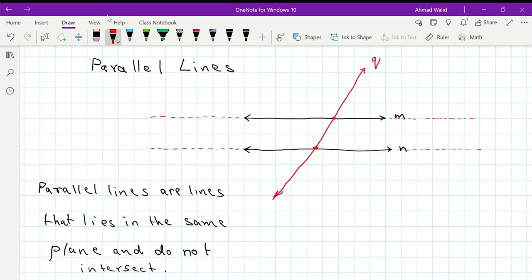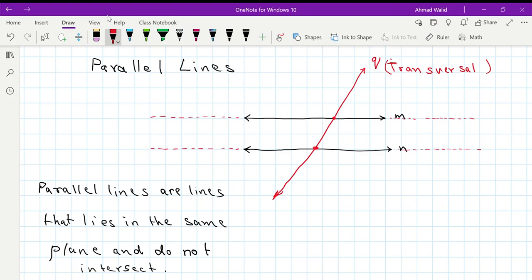If a line intersects two parallel lines, we call it a transversal. Correct? Line Q is a transversal because it intersects two parallel lines.